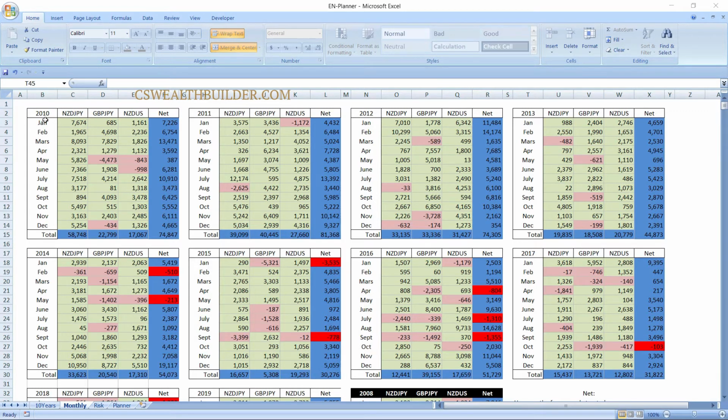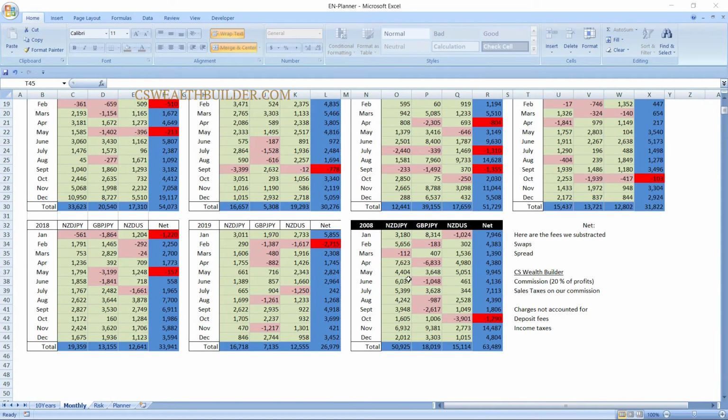So 2010, as you can see, you have a profit of $74,800. 81,000, 74,44. That's positive. That's positive. That's positive. That's positive. 2018 positive. 2019 positive.